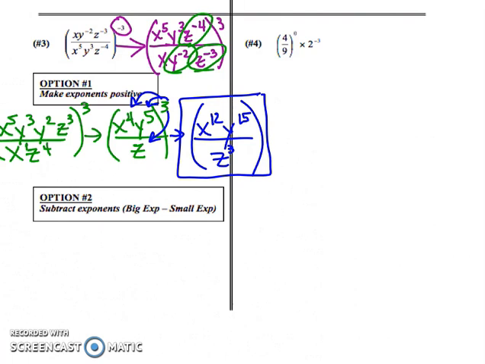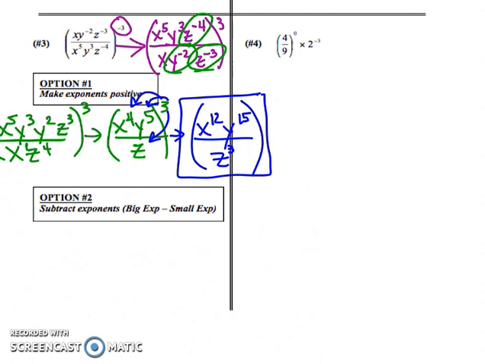Now I'm still going to begin with flipping my fraction over and making that 3 on the outside a positive 3, okay? So I'm going to start in the same place that I started the previous problem. I'm going to have my x to the 5th, my y cubed, and my z to the negative 4th upstairs. And I'm going to have x, y to the negative 2, and z to the negative 3 downstairs with that 3 outside. But this time I'm going to subtract exponents.